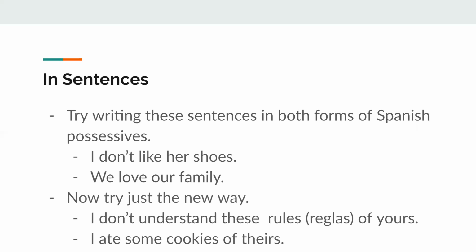So this is the reason we're learning this way. Some kids ask, why do we even learn this new way? Because there are some sentences that can only be done with this new way. If you are playing along at home, you could pause the video now and try these yourself and see if you already understand what's going on. Otherwise, I'm going to go straight to the answers here.